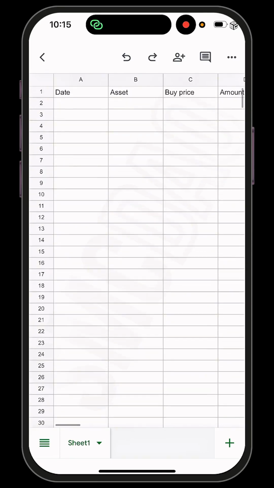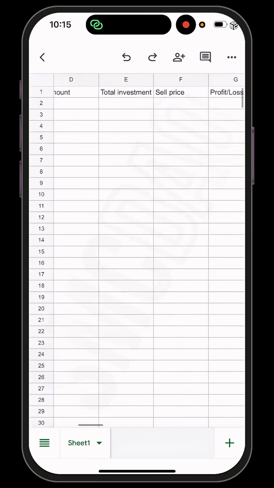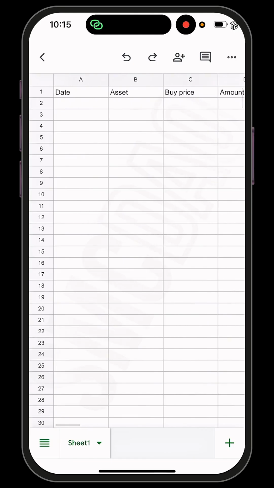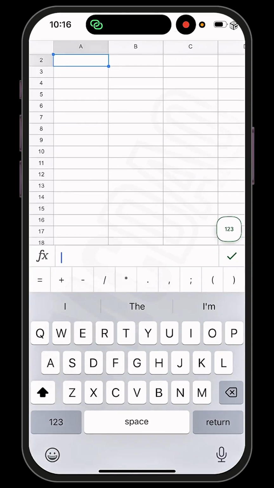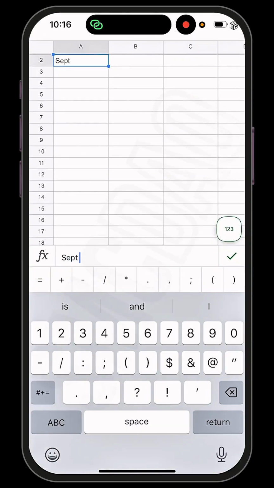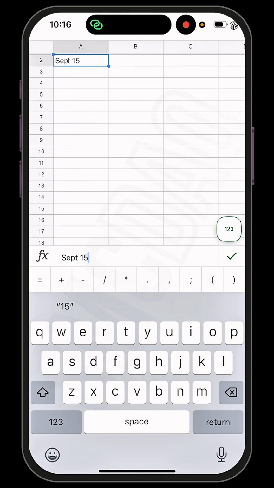So like I said, for your profit and loss, there are formulas to automatically calculate this. Now we will use an example for this. Let's say you bought 0.05 BTC at 60k on September 15th. So you could use September 15th under here.